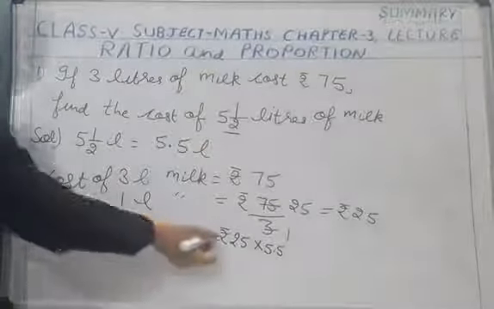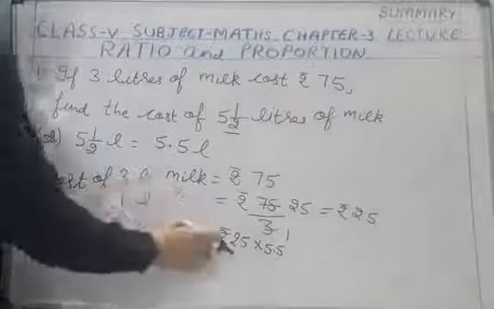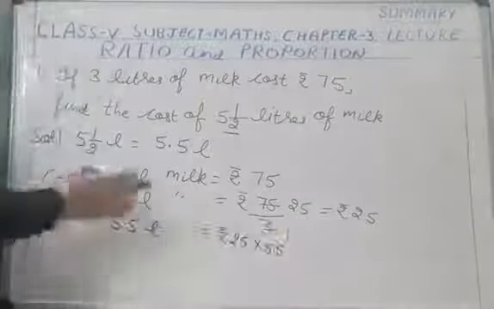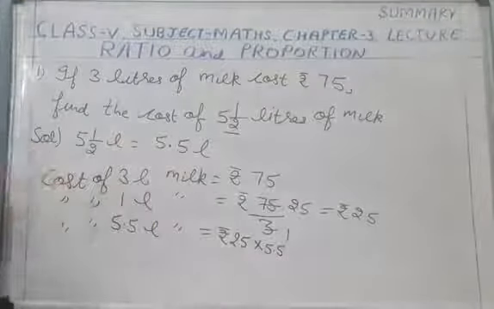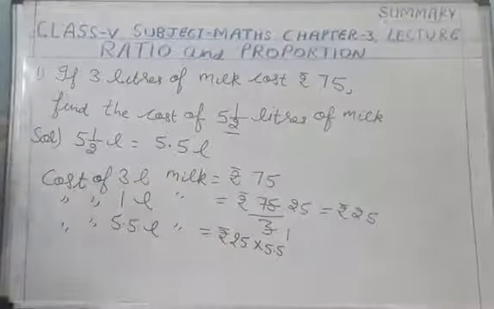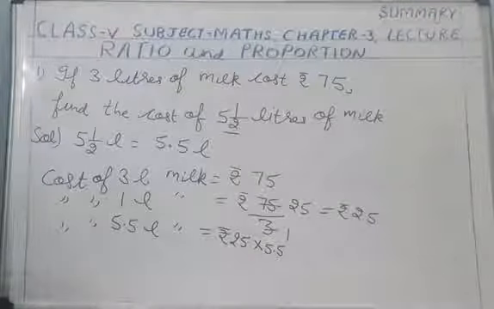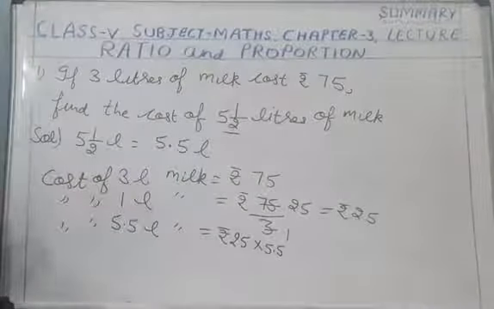Cost you are finding out, so unit rupees you will consider. Don't get confused कि यहाँ rupees है यहाँ liter है तो क्या लें. We are finding out the cost, so we will take the unit rupees. If you are writing here liter, no problem, but rupees will be at last when you will reach to the answer.